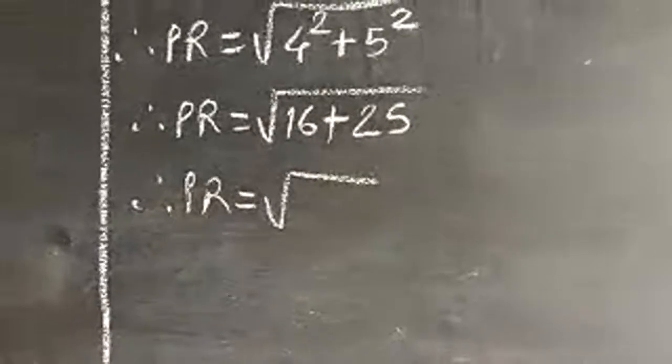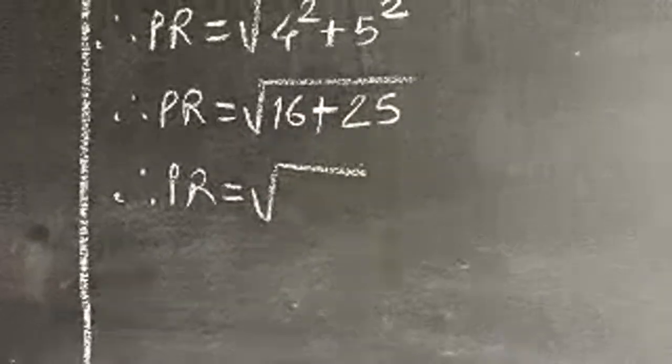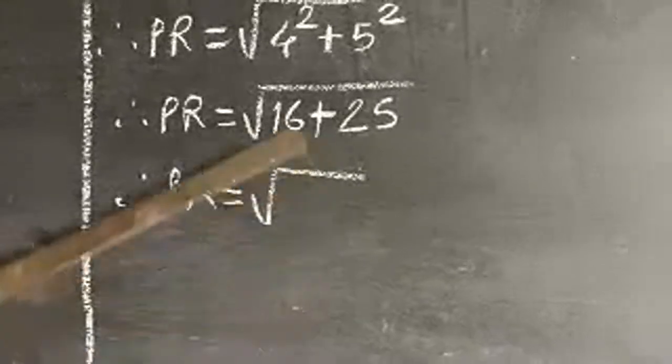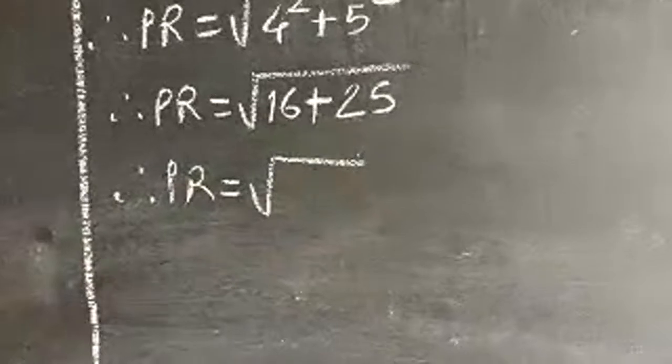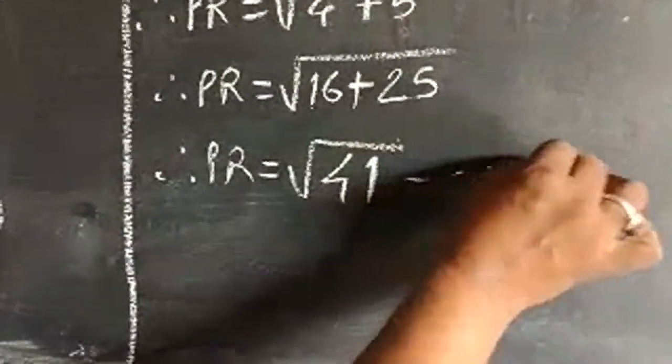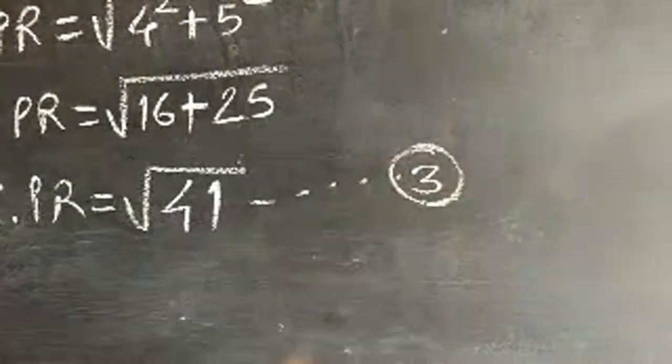First add and then. Both ways are correct. Addition is 41. That is equation 3.